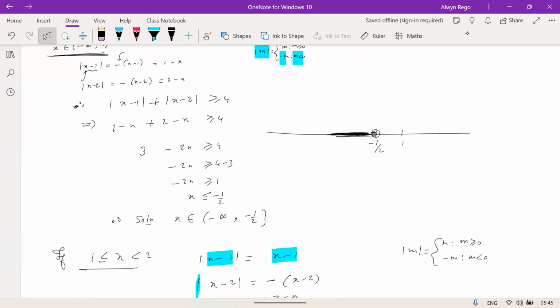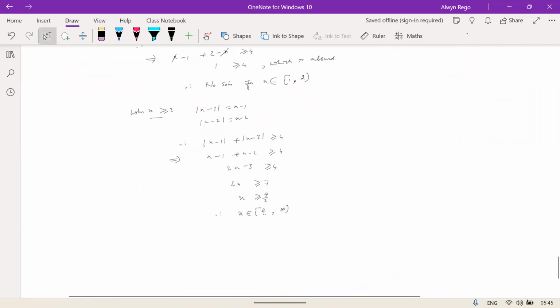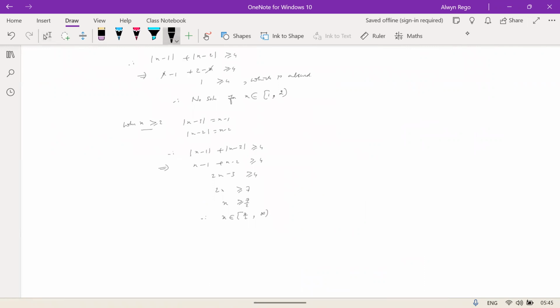If you choose your value between 1 and 2, you find no solutions here. If you choose the values which are more than 2, you will find that the solutions are beyond 3.5. 7/2 is 3.5. So beyond 3.5, you'll find your solutions. So all in all, the system makes sense and has solutions.